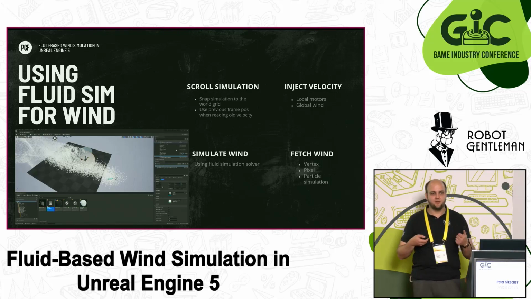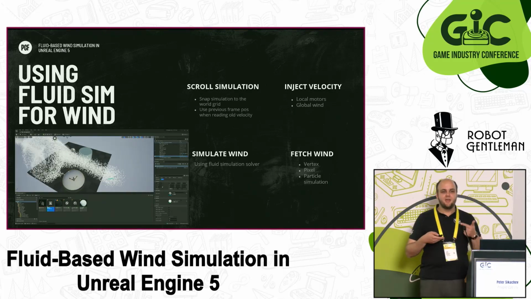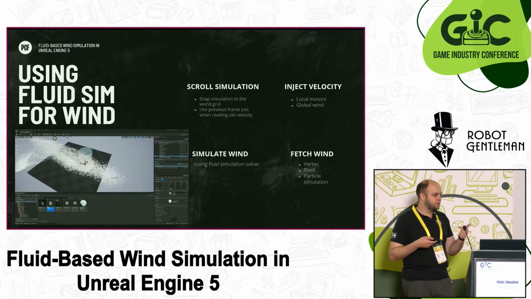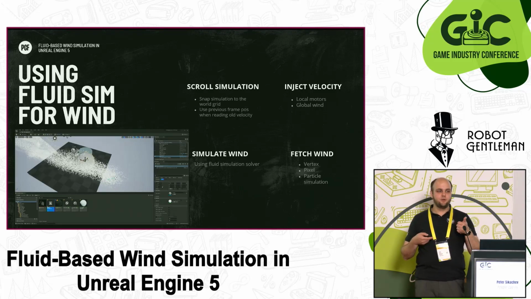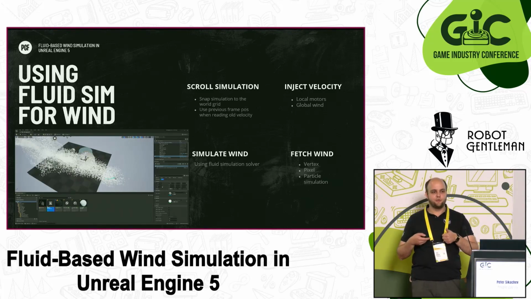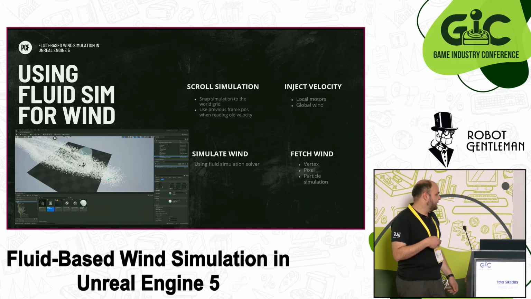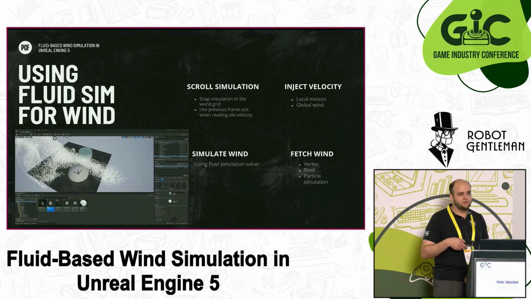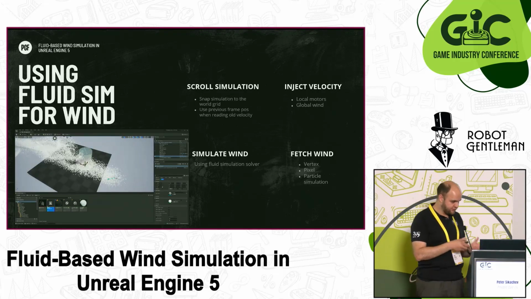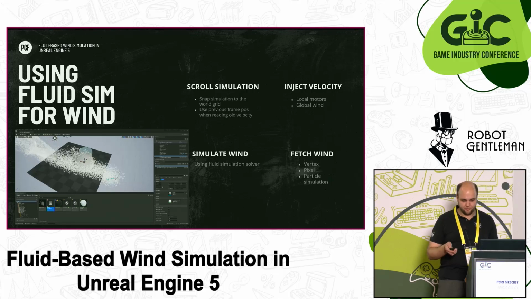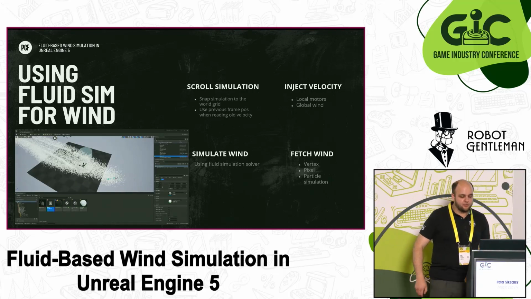In the case of wind, there are two main sources: global wind and local motors. And unlike the God of War approach, we need to inject global wind as well, because we also want it to take obstacles into account. Then for the wind simulation, I won't dwell on it too much, because I just used the regular solver at this point, and there are plenty of sources you can read about it.